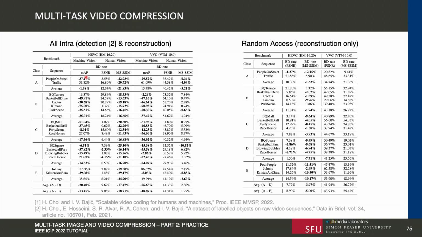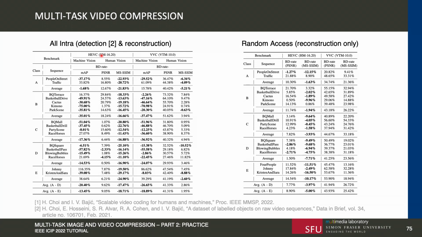So if we look at the performance of bit rate versus MAP for object detection, what's shown here in the first column are the BD rate results relative to the HM 16.20 anchor.